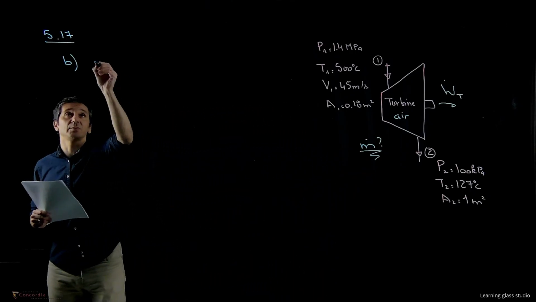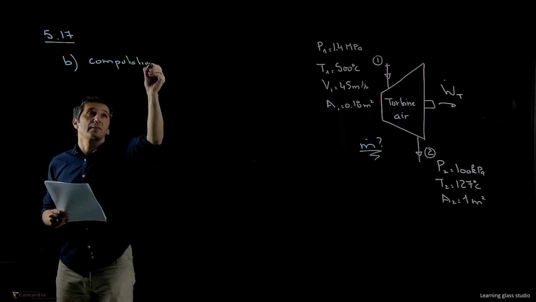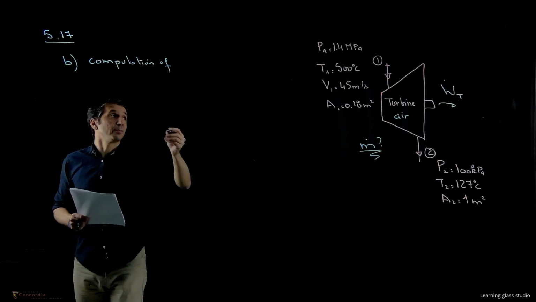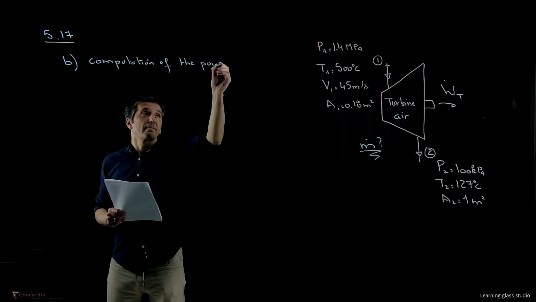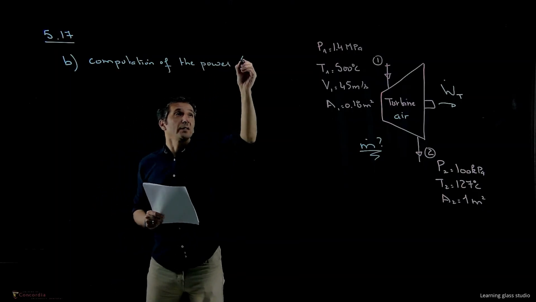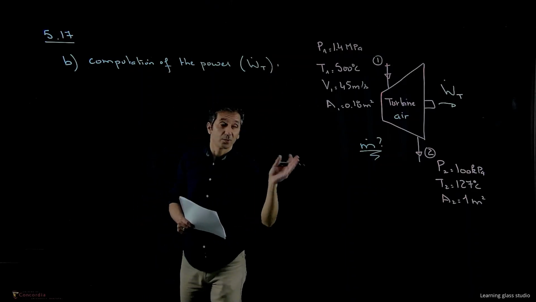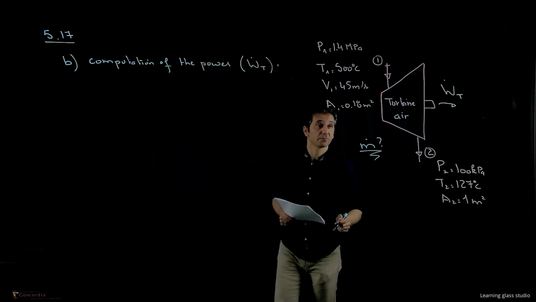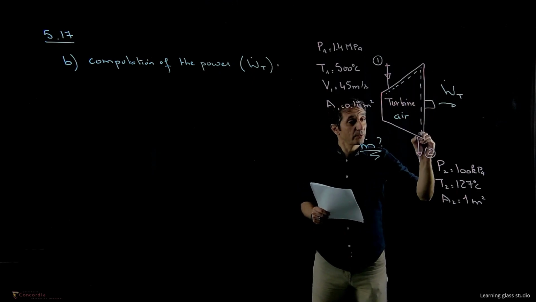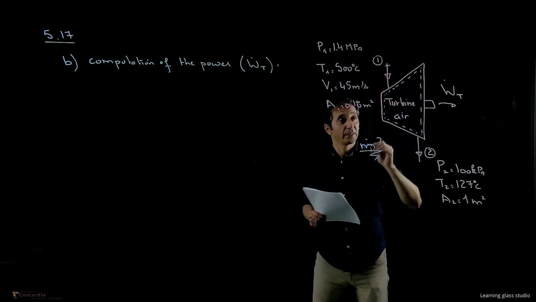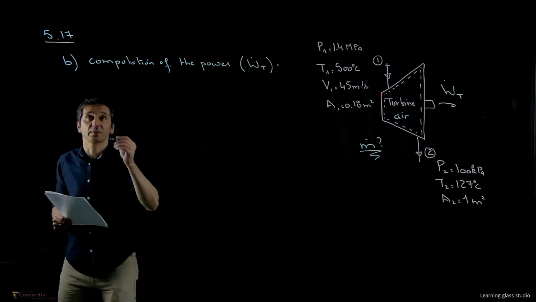Okay, so B, computation of the power produced by the turbine. I'll write it just W dot T. So this is an open system, okay? And the first thing we need to do, which is a good habit, is to apply the conservation of mass, okay?